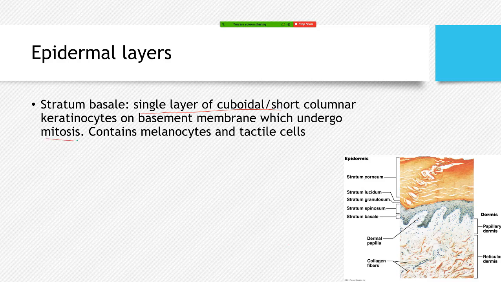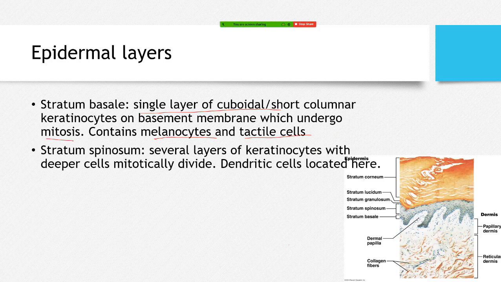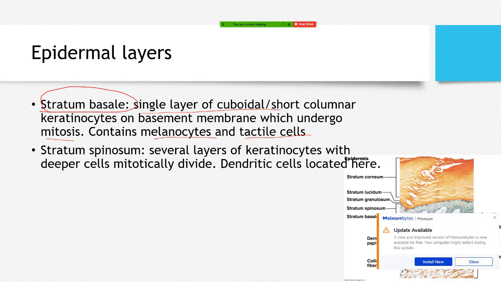They have the stem cells that undergo mitosis, so that it replaces the dead and dying cells as it progresses upwards. It also has the melanocytes to produce melanin, and tactile cells to have that sense of touch. And we find all these cells in the stratum basale. Like the name implies, it's on the base, right?